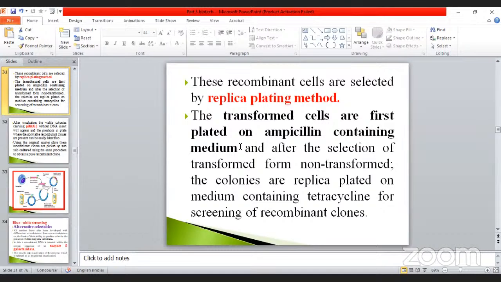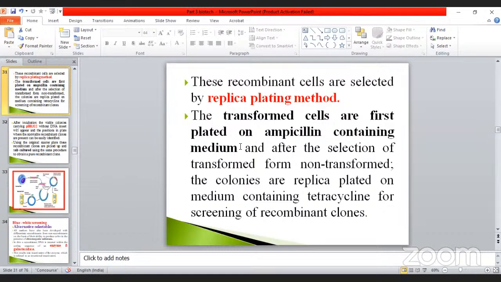So we should note two things here. One sample grows in an ampicillin-containing medium. Another sample grows in the tetracycline medium. So both undergo the screening process.